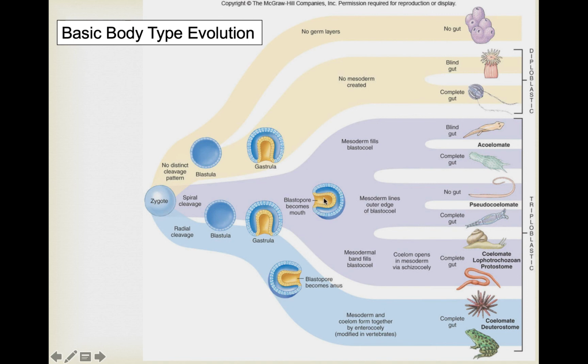And then we'll also talk about how that mesoderm produces an interior cavity, and how that differs between different lineages of organisms. So that previous figure, that phylogeny, is going to be a more fine-tuned way of looking at this basic pattern shown in this summary pattern of animal evolution.